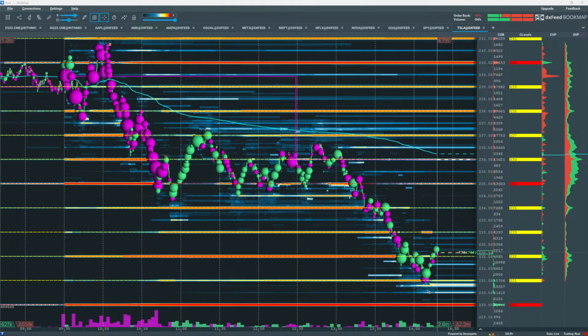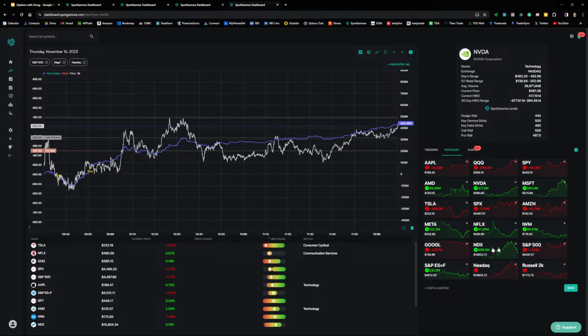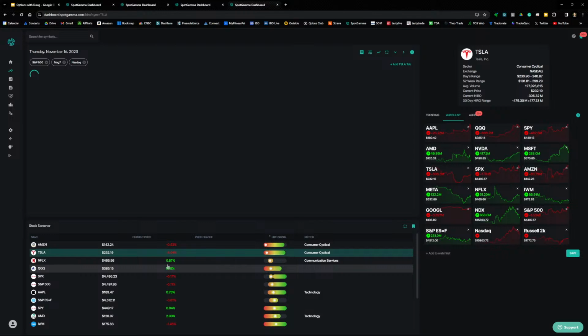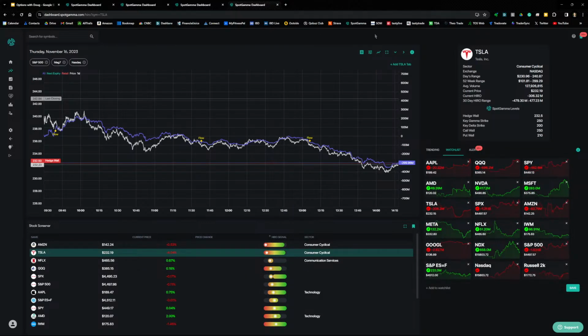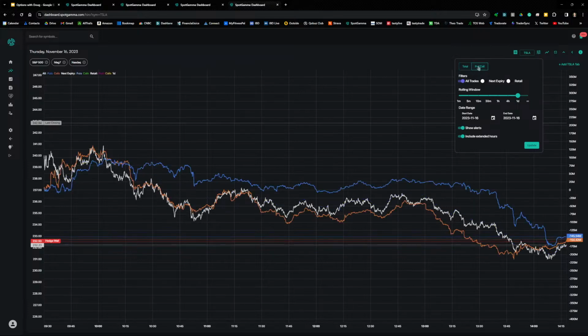Let's go take a look at Hero, see what options traders have been doing. And just the opposite of the last few stocks that we looked at. Definitely a bearish day here in Tesla. So in Tesla, traders are buying puts and selling calls, shown by the falling blue line, the falling orange line.